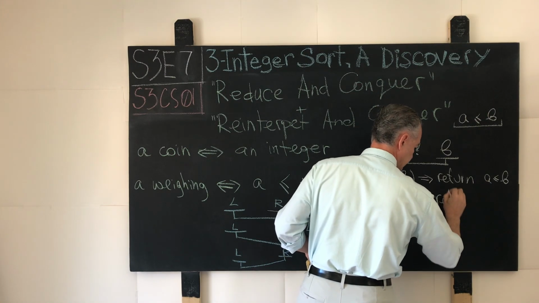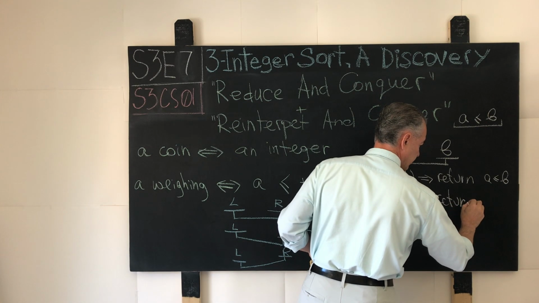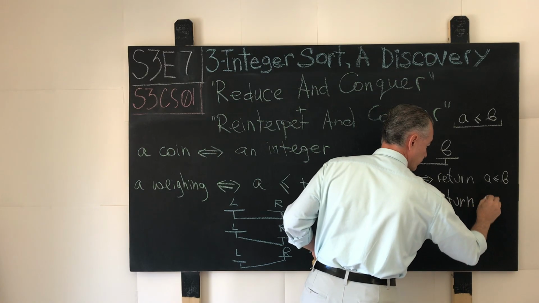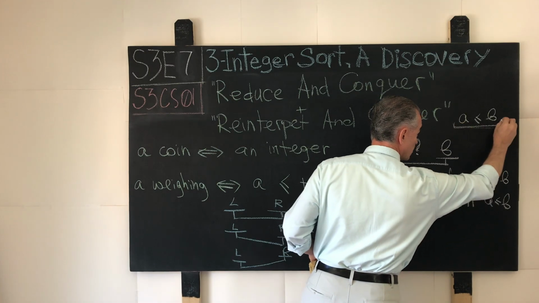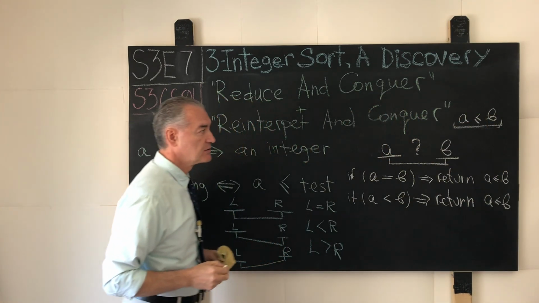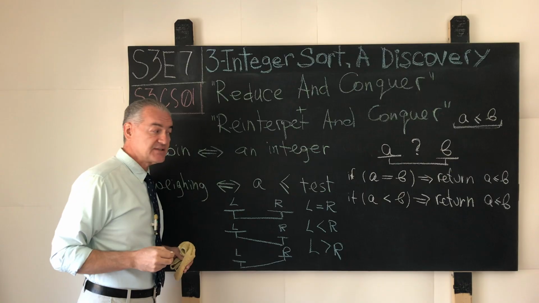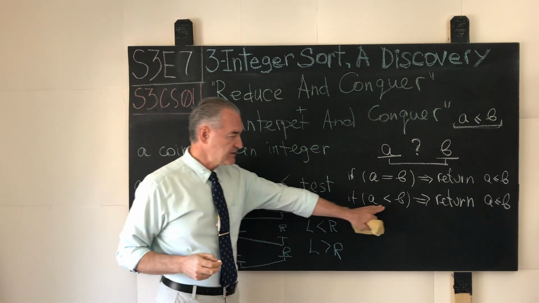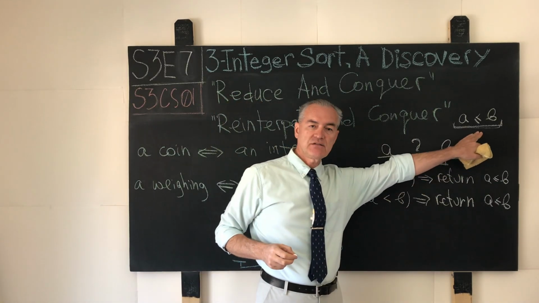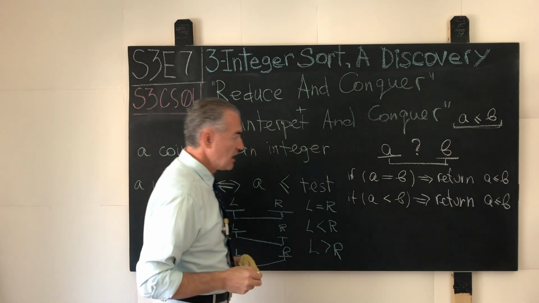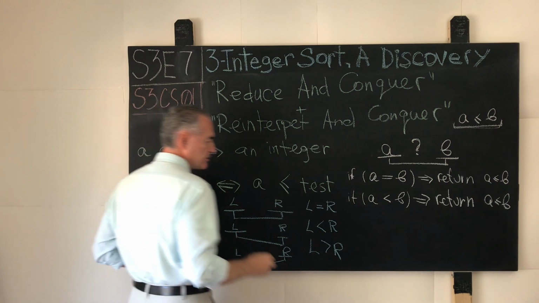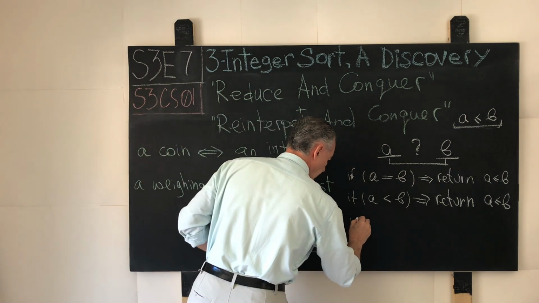Well, that means that the actual relationship honors the requirement that the two coins are sorted by mass in an ascending order, because it is the case that A is not heavier than B. Wonderful. Now comes the interesting part, and this is where the discovery is awaiting for us.